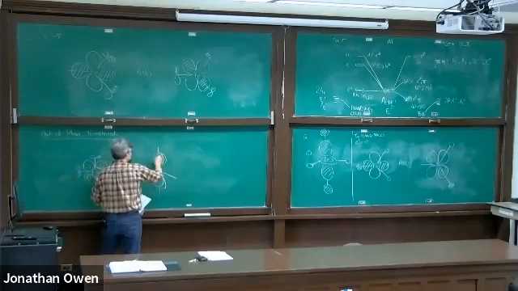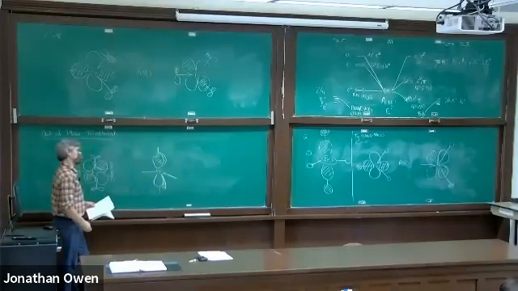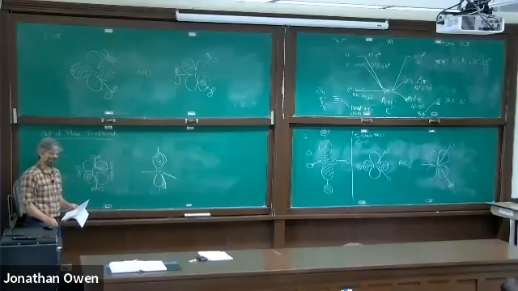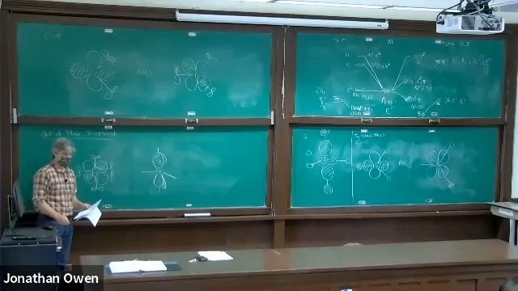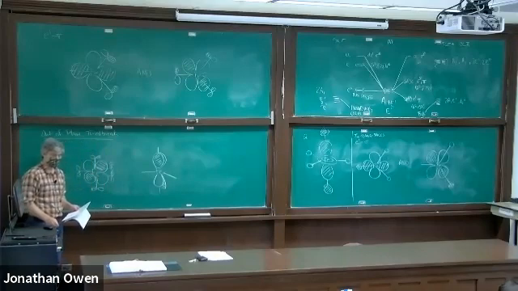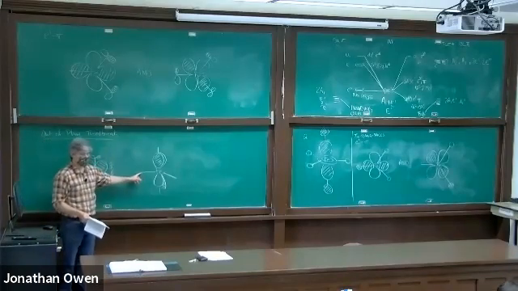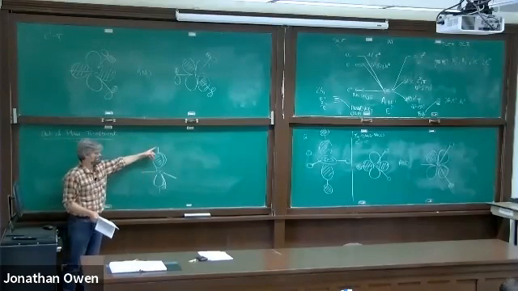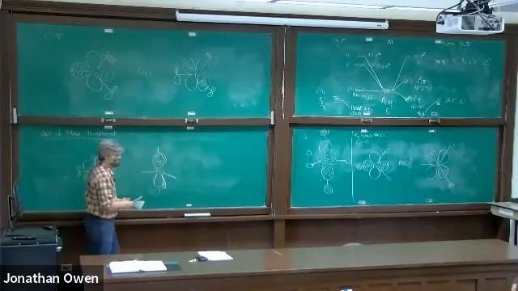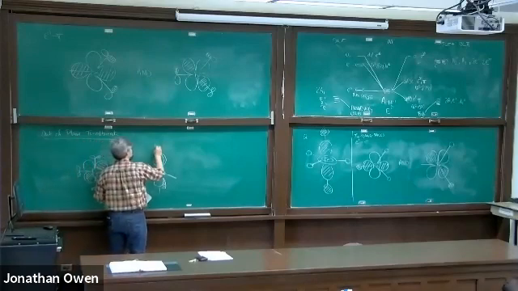Give this guy some color here. How do we draw pi symmetry p orbitals on the ligands? Does this guy have one? How about this one? Yeah, looks kind of similar, doesn't it?